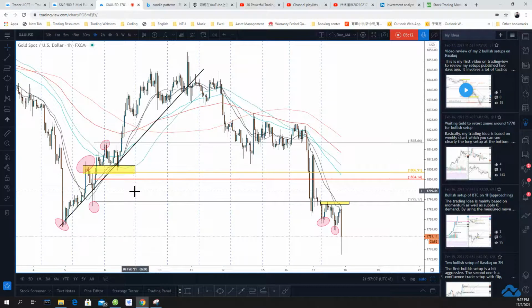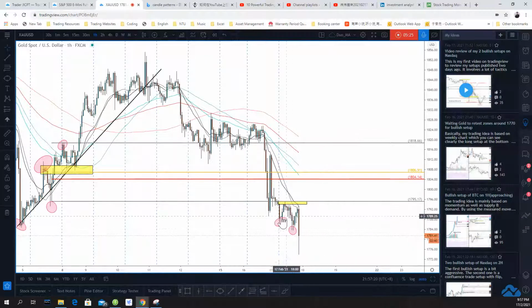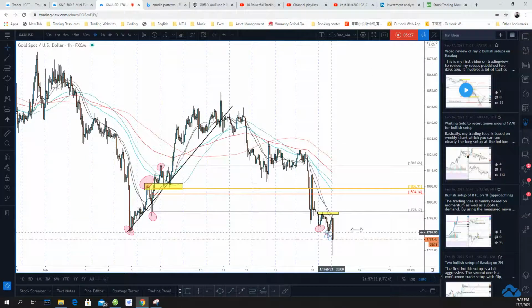With this confluence trading, just do not hesitate and pull the trigger to join the long trade. All right. So this is what I'm expecting if price shows something like this. This is just one possible scenario.